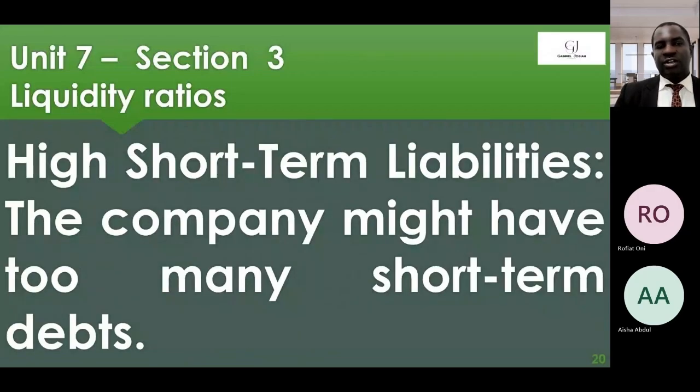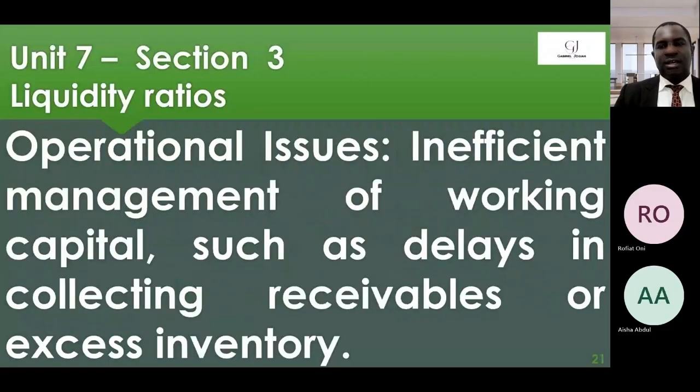Another cause of a low current ratio is high short-term obligations or liabilities. The company may have too many short-term debts, and operational issues are another cause. Inefficient management of working capital, such as delays in recouping receivables or excess inventory tied down in the store. So this could be the challenge.